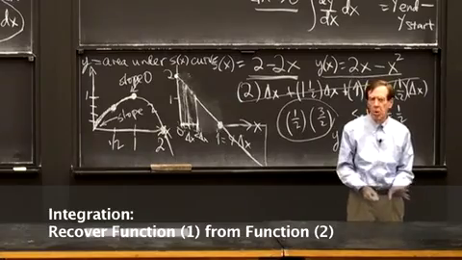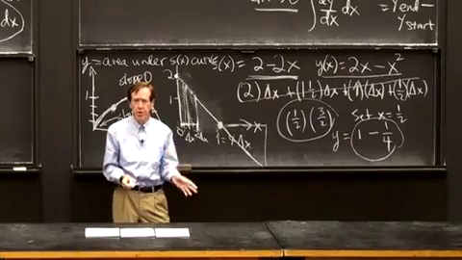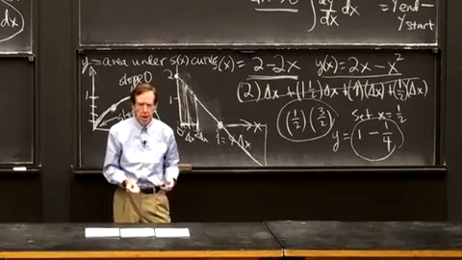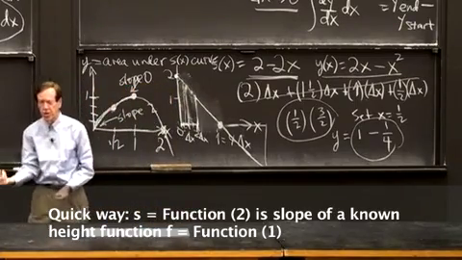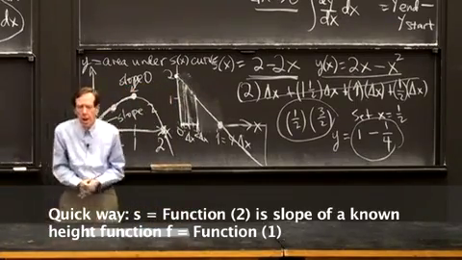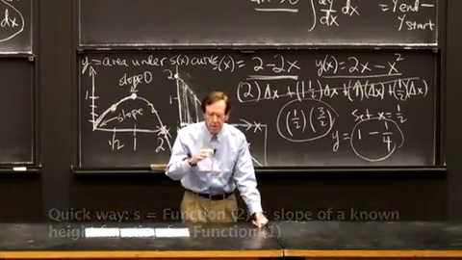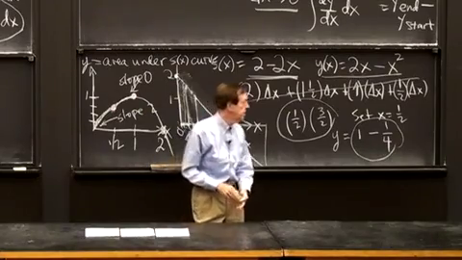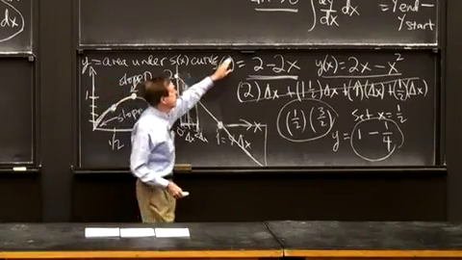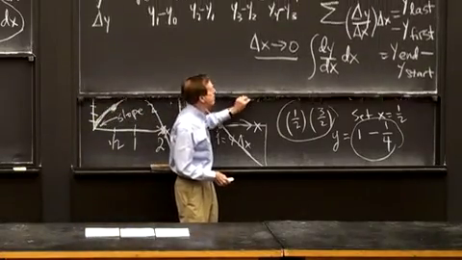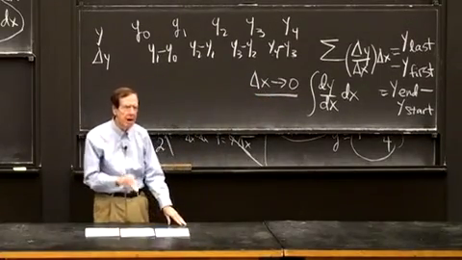Let me just recap a moment. Today was about going from function 2 back to function 1. The quickest way to do it is to find a function 1 that gives that function 2, and then you're in. But if you can't do that, or if you want to understand what's really behind the limiting process, it's like the algebra, but it's this expression here that's concealing so much mathematics.